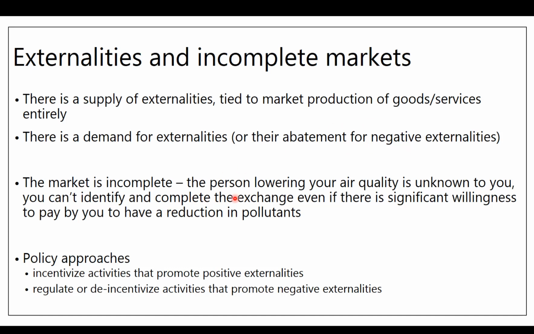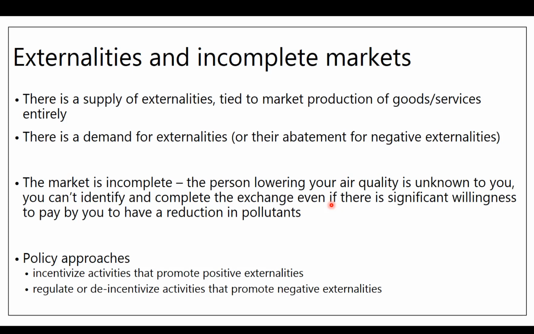It's incomplete because the person that is out there doing the supply of poor air quality or particulates into the air, they exist. They're out there producing some other good jointly with that, and all their incentives are tied to the other good, the non-air quality good. You can't identify them, so even if you were willing to pay them to stop, it's incomplete because you can't complete the transaction.